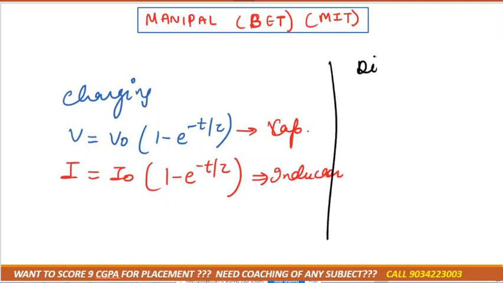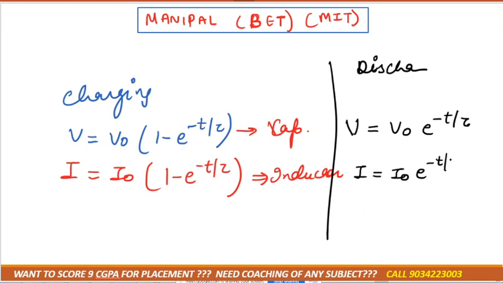Similarly, we have the discharging phase. For discharging, the formula is V is equal to V naught e raised to power minus t by tau, and I is equal to I naught e raised to power minus t by tau. Correct? Again, voltage is for the capacitor, and current is for the inductor.